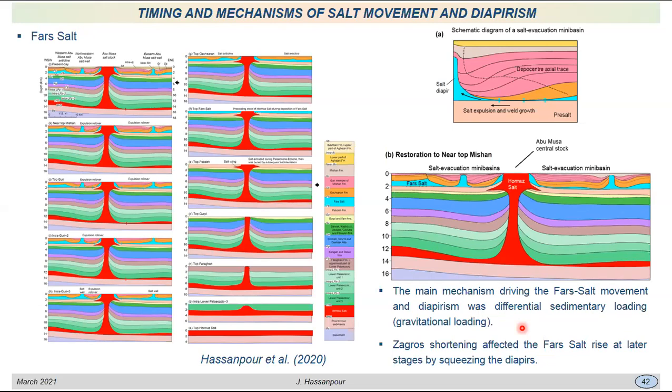We didn't see any evidence of formation of isolated diapirs of Fars Salt. So the main mechanism was differential sedimentary loading, but at a later stage, Zagros shortening could have squeezed the Fars Salt structures and increased the salt rise rate.